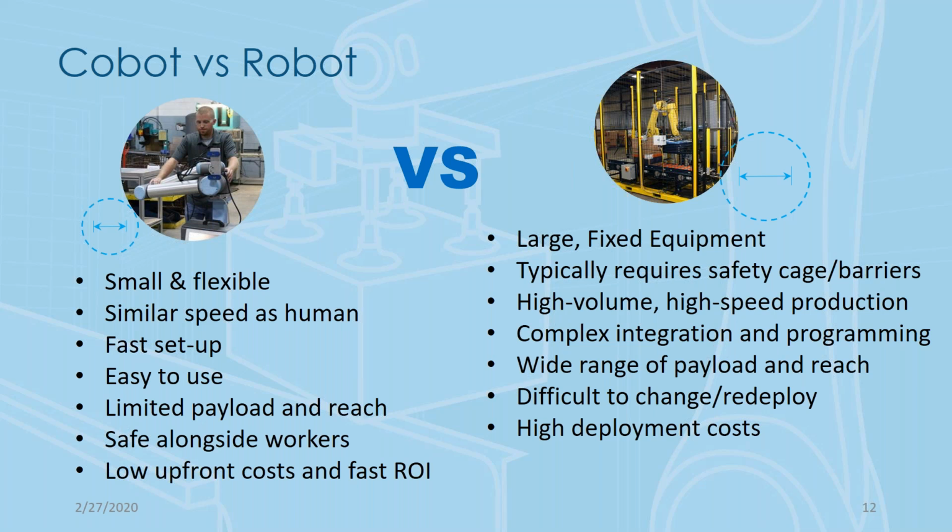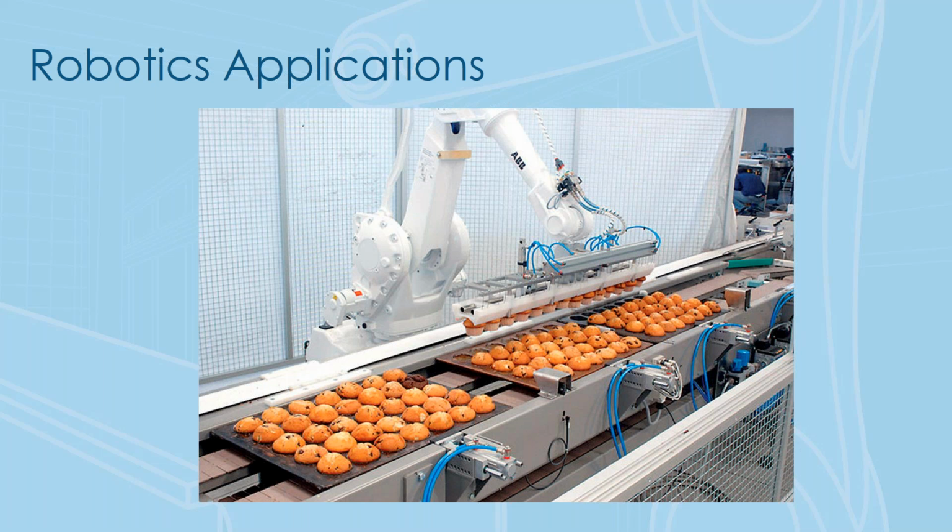Just the nature of being collaborative and being around human operators, they aren't meant to operate at typical robot speeds where the arm's really swinging around. That was the main thing I wanted to talk about, the difference in how they're meant to be applied. I think that's a great addition. Thanks, Raminder. And so I'll hand it over to you to talk through some robotics applications.